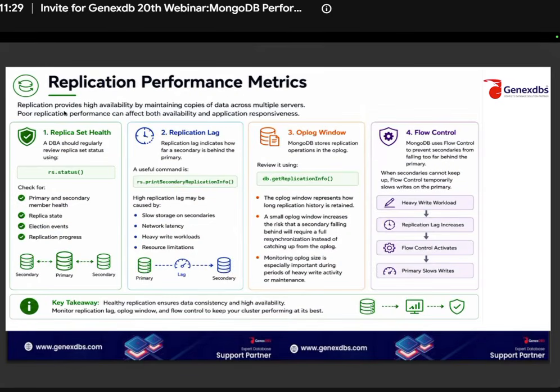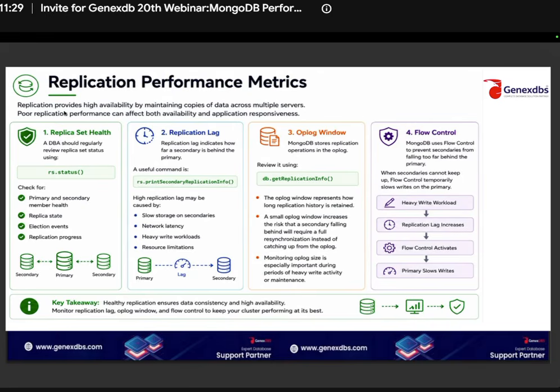Next, replication performance metrics. Replication is nothing but maintaining the data copies across multiple servers, so it will provide high availability. But poor replication performance can affect both availability and application responsiveness.